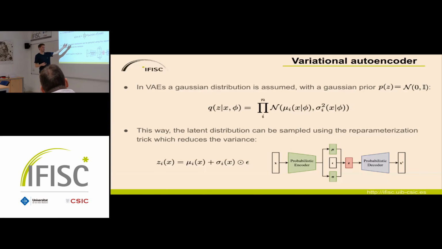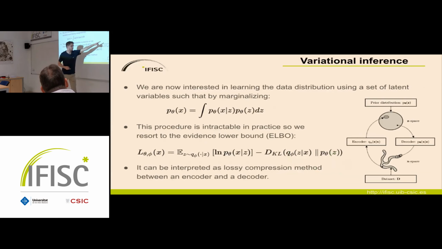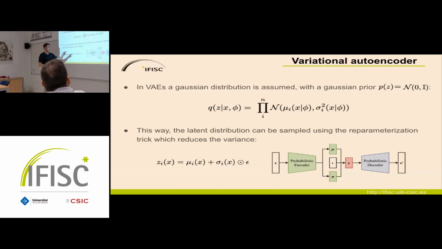We assume a particular structure in the latent space here, and we impose it to be Gaussian. So we are going to compute the mu and sigma for every input that we have here, and then sample from this distribution using an external noise, and we will reconstruct, given this latent code, this compressed representation, this coarse graining, the true image back again. So this is a way to do it.